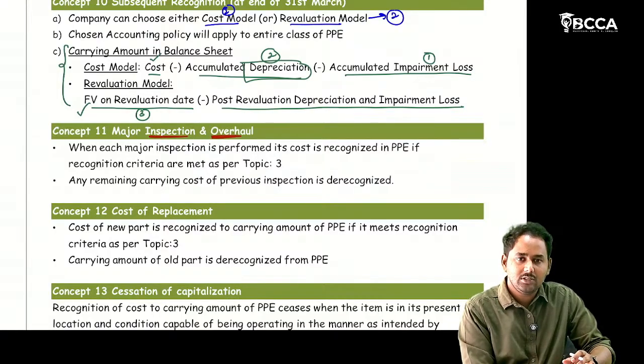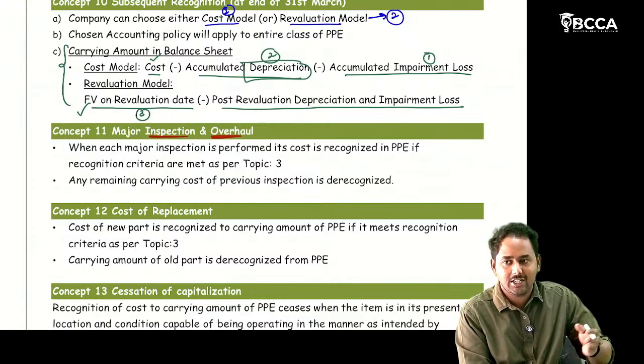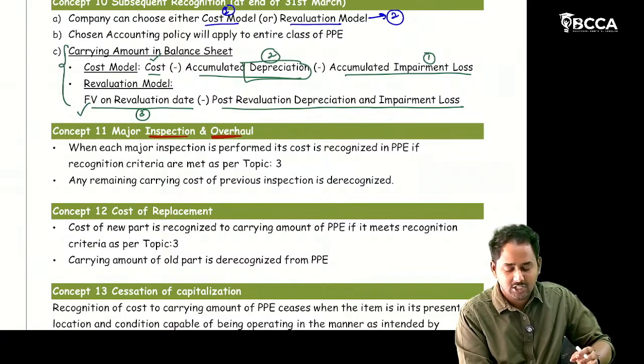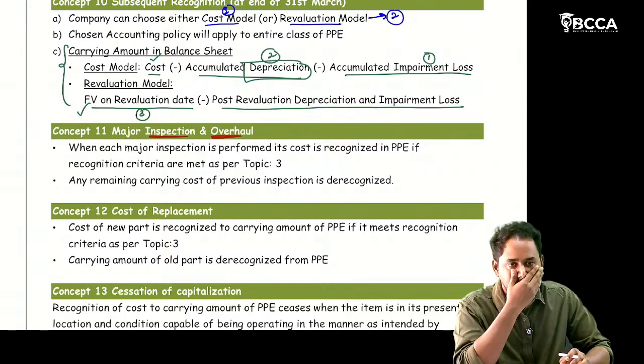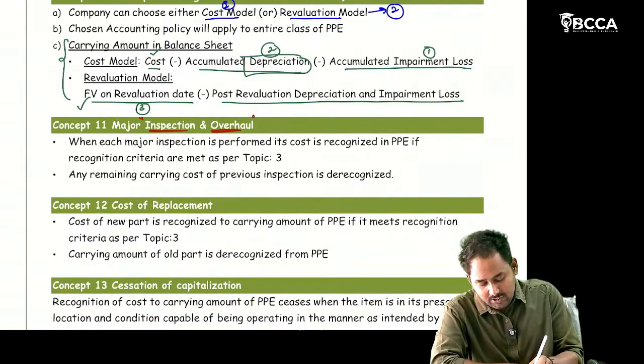The rule is the expenses directly attributable to the acquisition of the PPE should be capitalized until the date the asset is ready to use. But after the asset is ready to use, there are a few expenses which we can capitalize. So these are the exceptions.